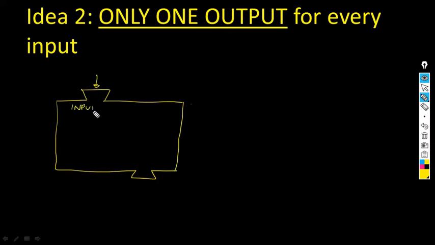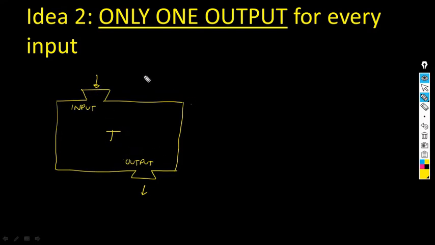For example, I'm gonna create this machine. Look, I'm gonna create the machine T. I'm gonna program this machine so that it takes as inputs numbers, and as output, this machine is gonna give you the square root of the input.